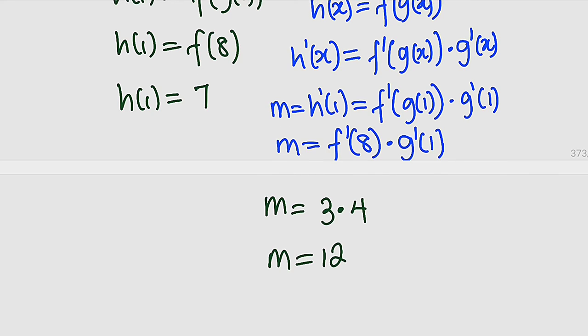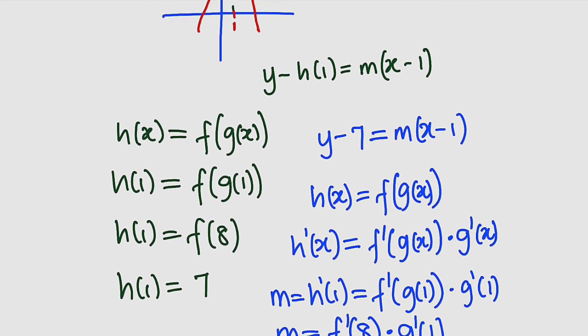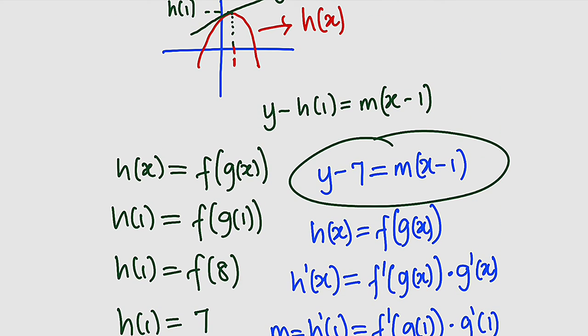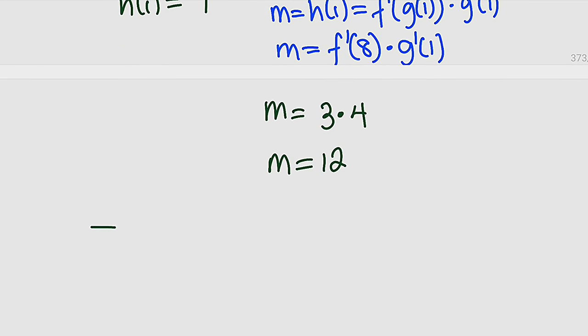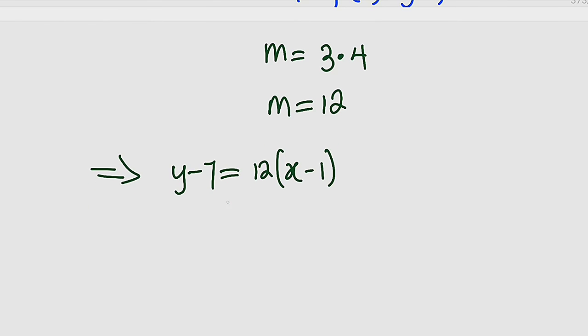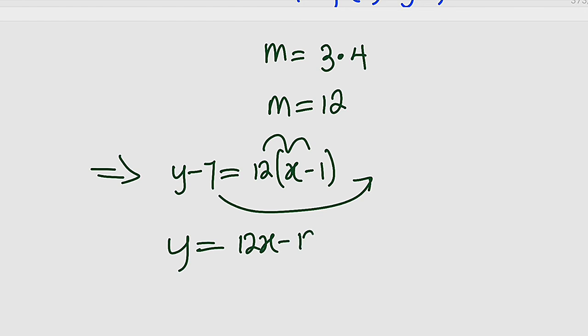Now let us plug in m equal to 12 into that function. So we have y minus 7 equal to m, which is 12, multiplied by x minus 1. We may decide to take this one to the other side. We have y equals, we can even expand this, 12 times x is 12x, minus 1 times 12.